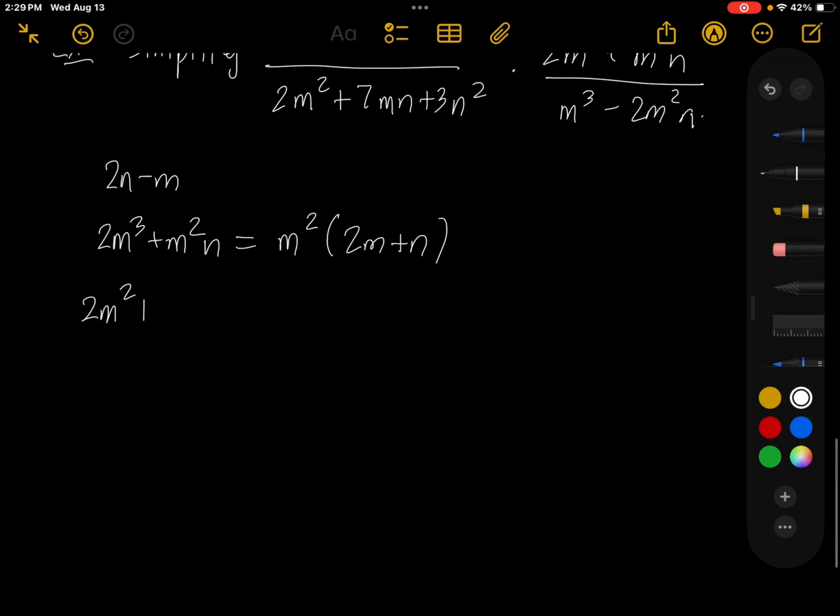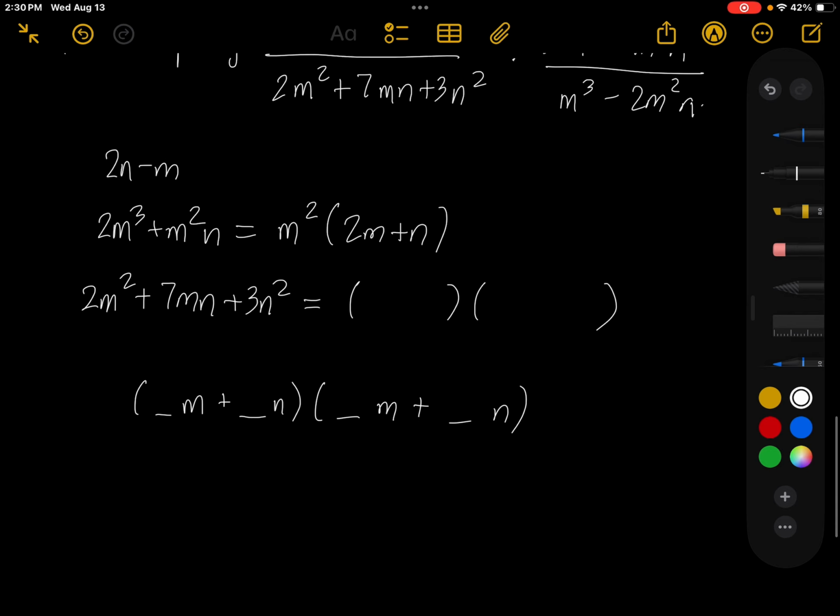Then for the bottom, 2m squared plus 7mn plus 3n squared. This looks like something I can factor because I have quadratic expressions. So let's see. Since I want a 2m squared, I'm going to get something m plus something n times something m plus something n.